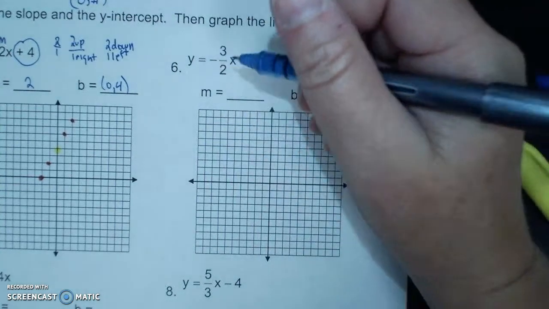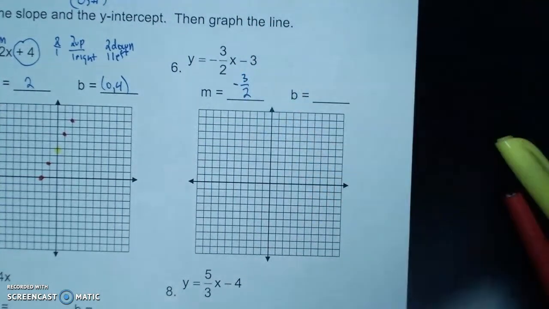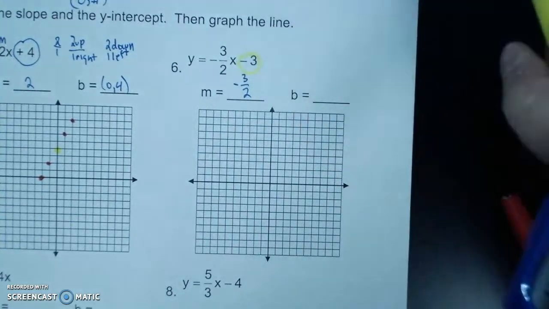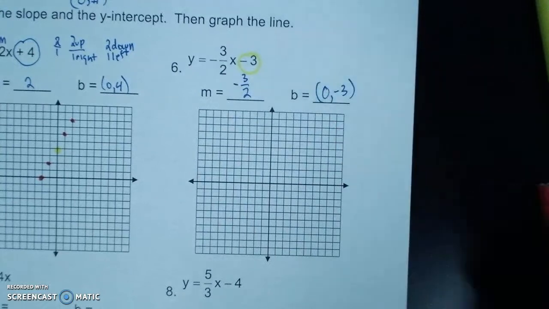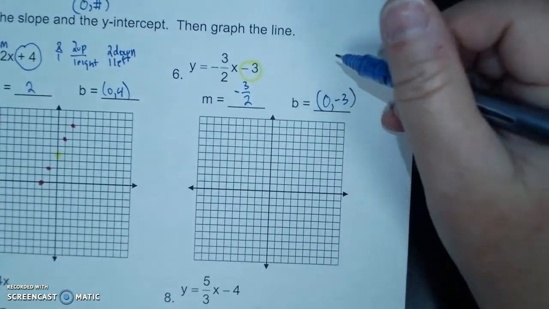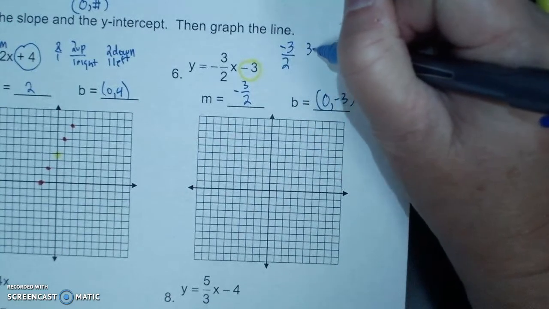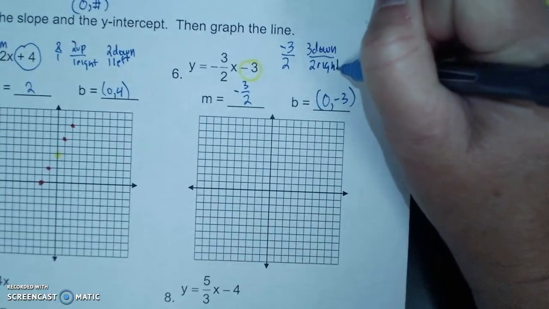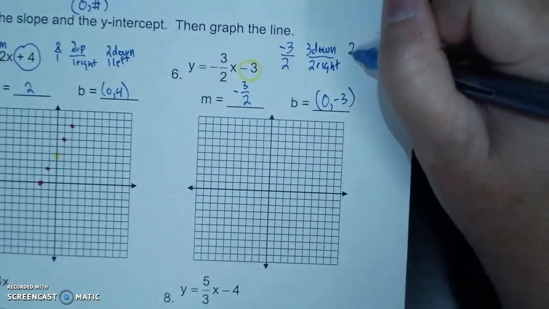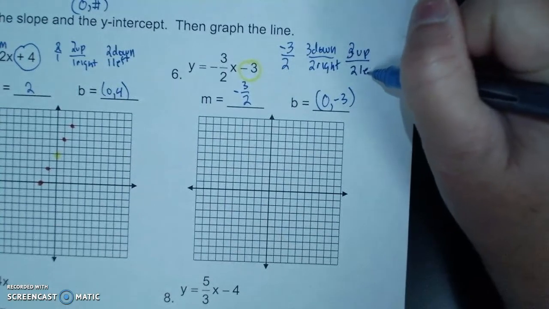My slope is -3 over 2. My y-intercept is 0, -3. If I write my slope with the negative in the numerator, it's 3 down, 2 right. Reversing the direction is 3 up, 2 left.